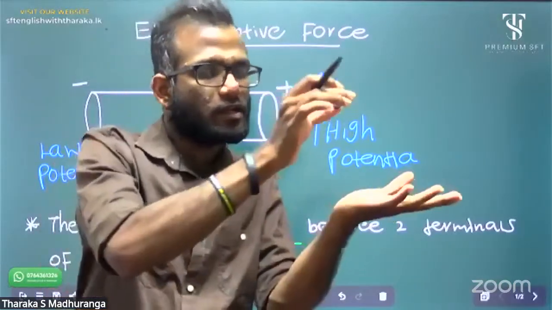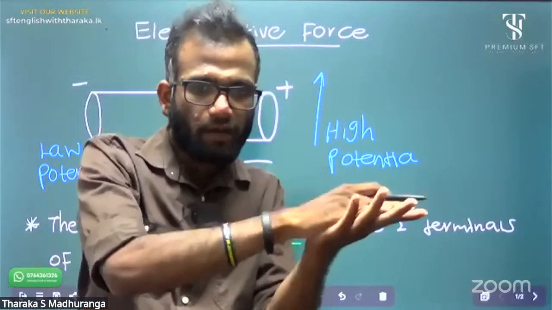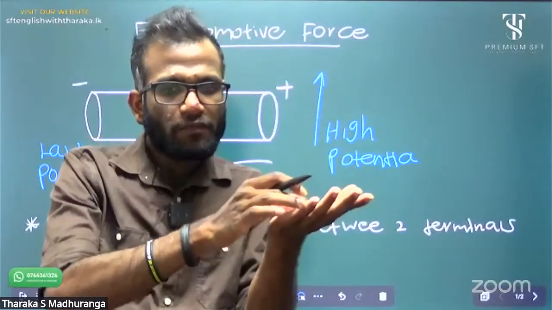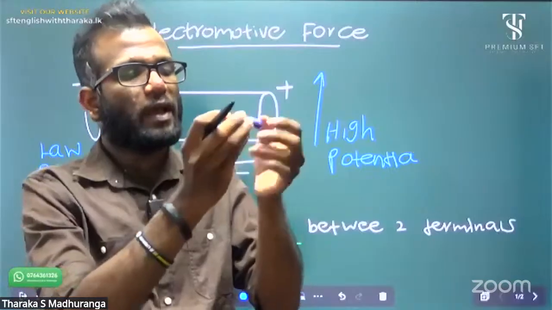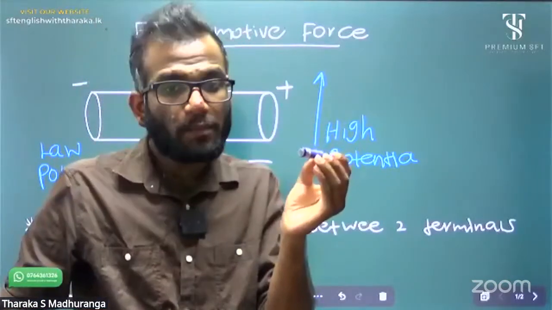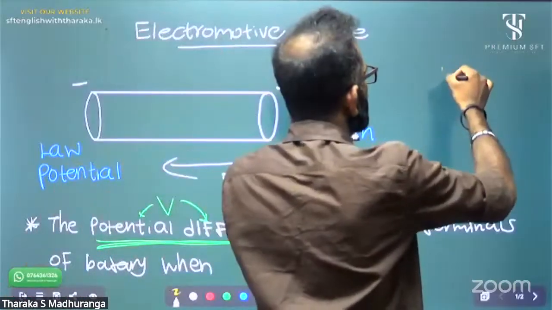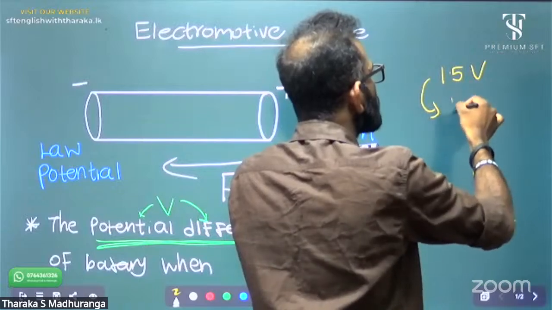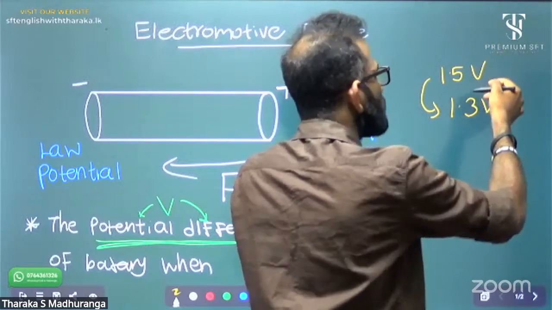But when I connect it to a circuit, after 1 hour, if I separate this battery and check the voltage, what happened? Initially it was 1.5 volt. After 1 hour, it's around 1.3 volt. What is the reason?